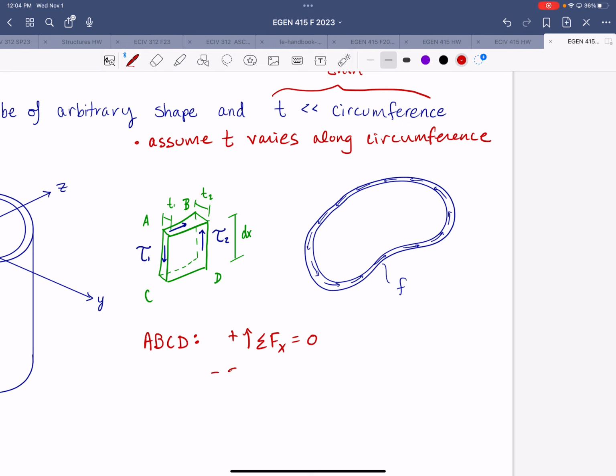So we'd have negative shear stress on the side labeled 1, associated with thickness 1, over the area which it acts, which is t1 times dx, plus, on the other side, the shear stress tau 2 times thickness t2 and dx.